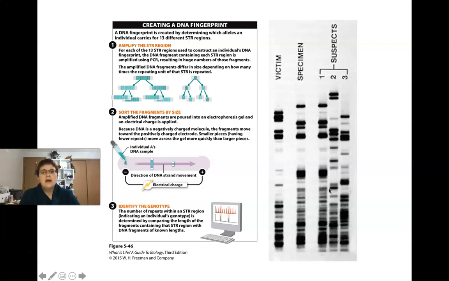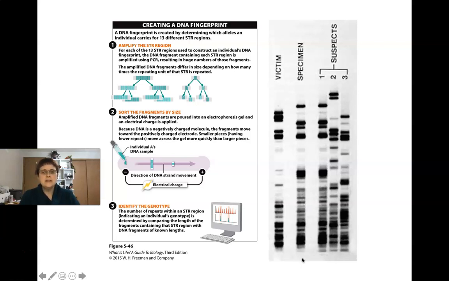And then we have the DNA fingerprints for the 3 suspects that they were interested in. And what you can see is that one of those individuals, the bars match up almost completely. There will be a little bit of wiggle, but they will almost be identical on a match.